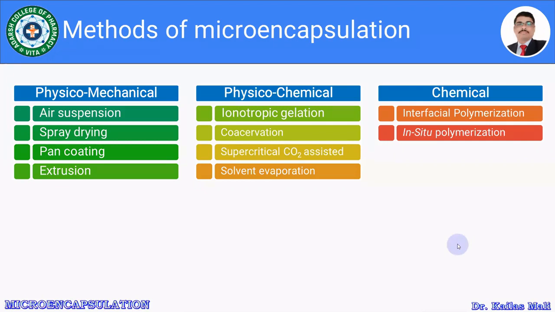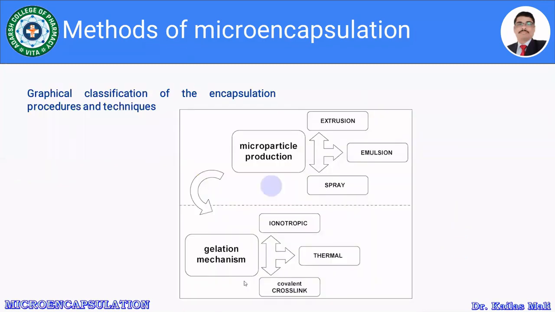Before discussing the methods of microencapsulation, we will see some little information about them. There is one more classification, as there is a huge confusion between the techniques and methodologies which are used to microencapsulate solids or liquids.